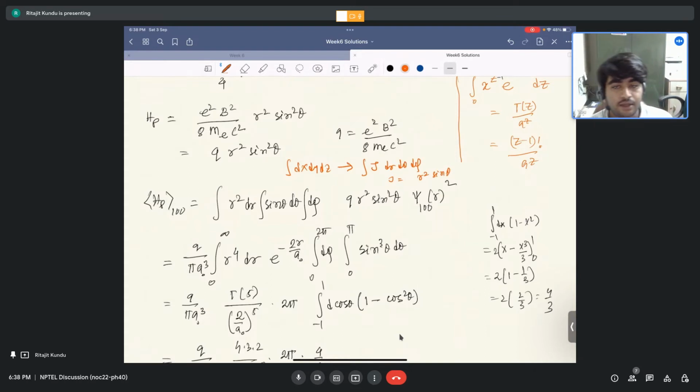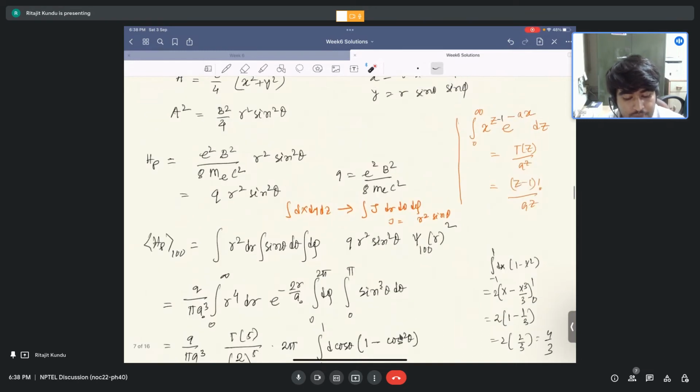Now we are in the polar coordinate system and we have all of these things, and we will do the integration one by one for all of them. To do these integrations, there is a very important identity that you should remember. These are the gamma functions.